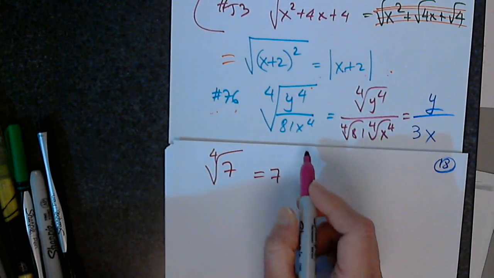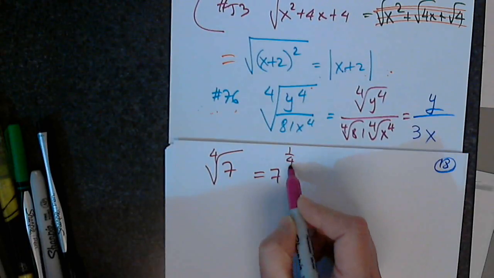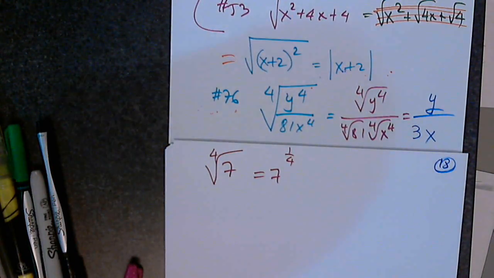Well, this is the same thing as 7 raised to which power? Indeed, 1/4. It has to be a fraction if it represents a radical. Excellent. So that's one way, but that's not the only way. I prefer writing 7 caret in parentheses 1 divided by 4, and I'm done.